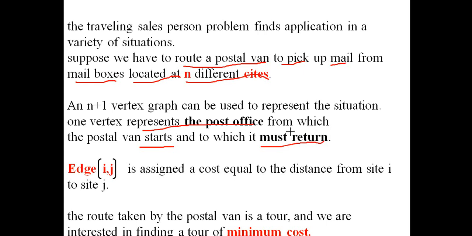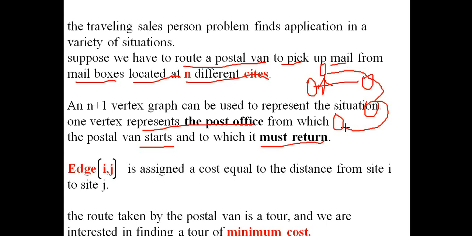In the traveling salesperson problem, a person can travel from one place to different places, but he has to come back to the original place. See, this person can visit this node and this node.